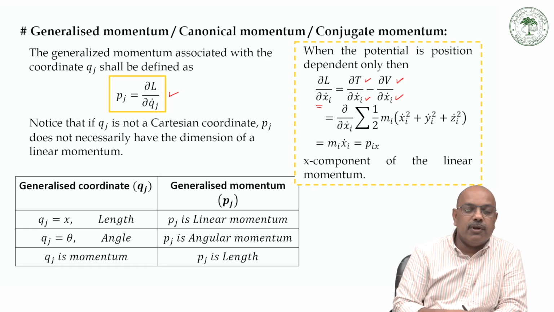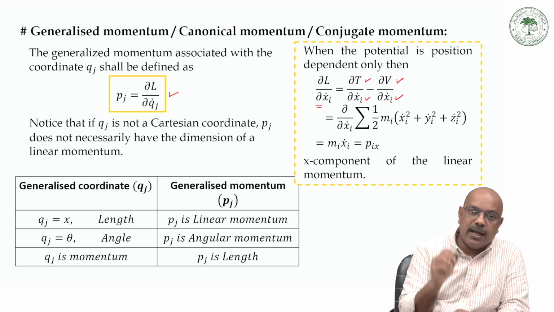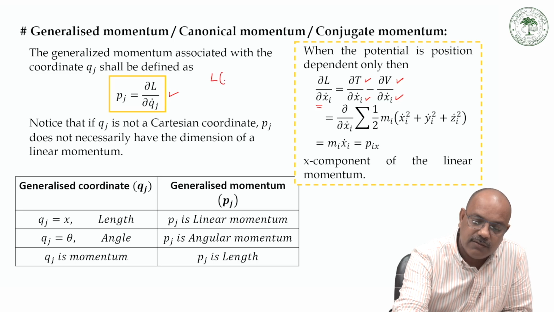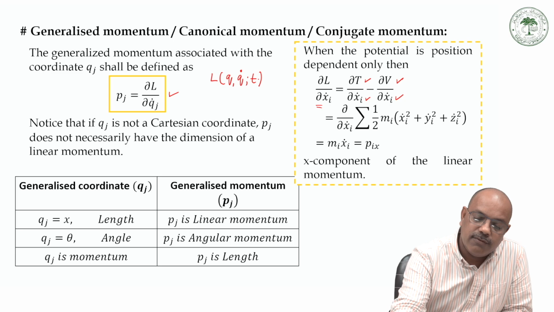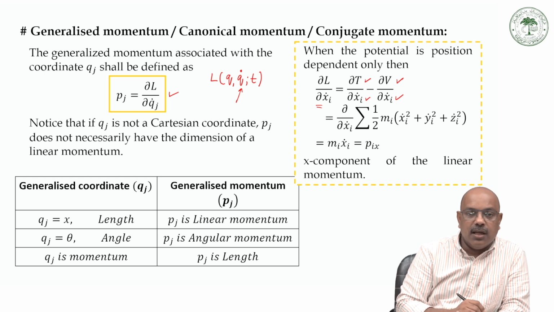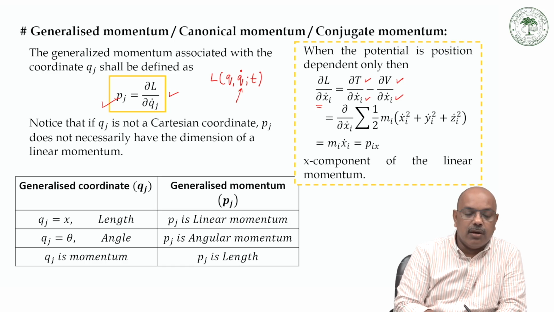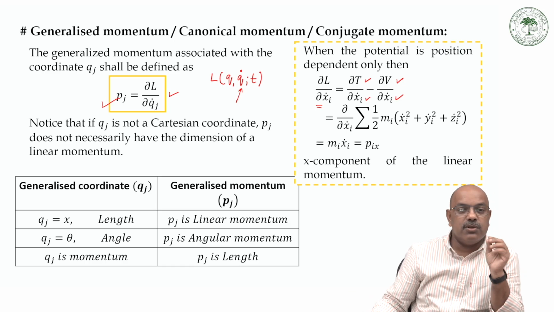So if you have some coordinate q, and you take its time derivative, and your Lagrangian depends upon q dot and t, then the partial derivative of the Lagrangian with respect to the generalized velocity is known as the generalized momenta. Notice that if q is not a Cartesian coordinate, this pj does not necessarily have the dimension of a linear momentum.